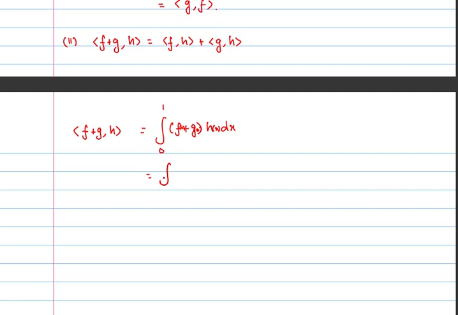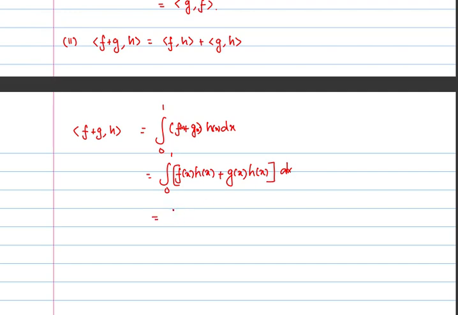Now you can multiply inside: f of x times h of x plus g of x times h of x, times dx.